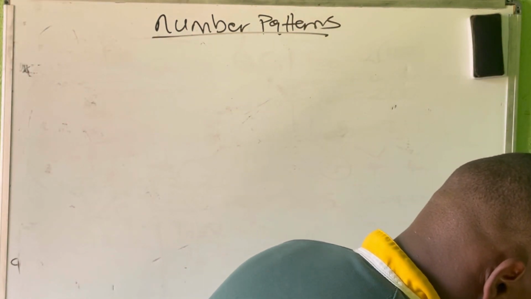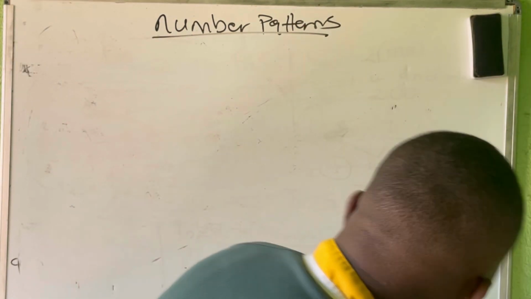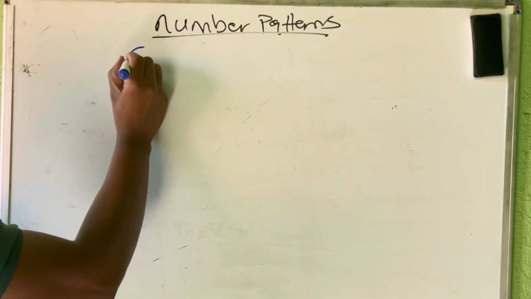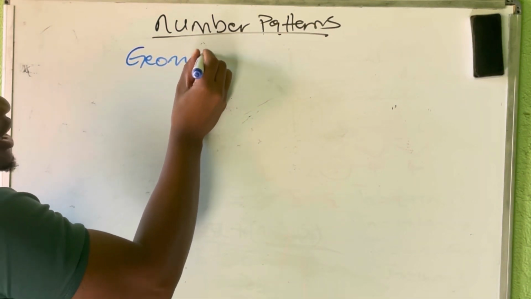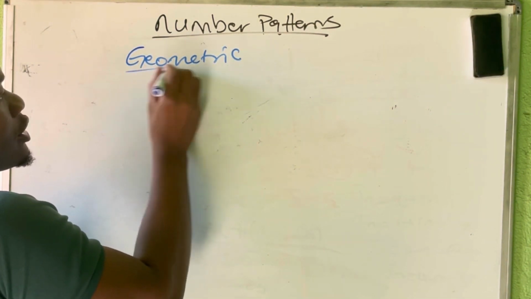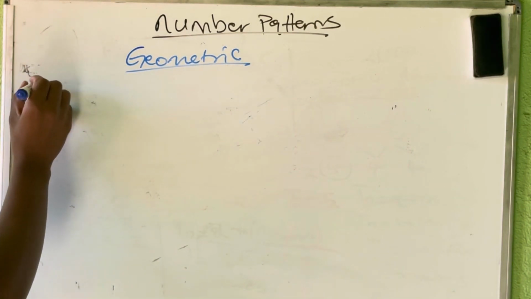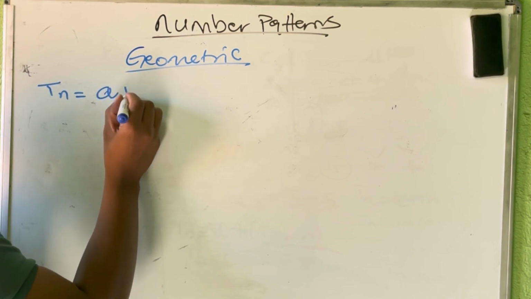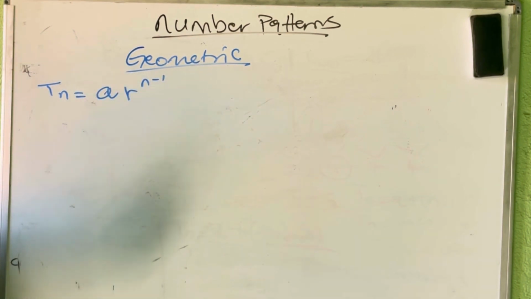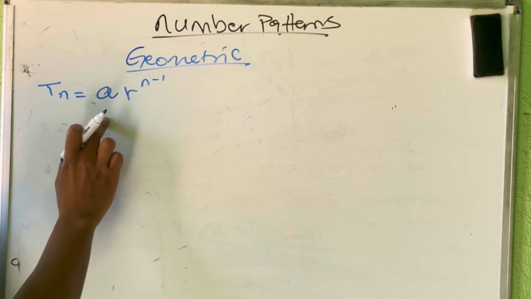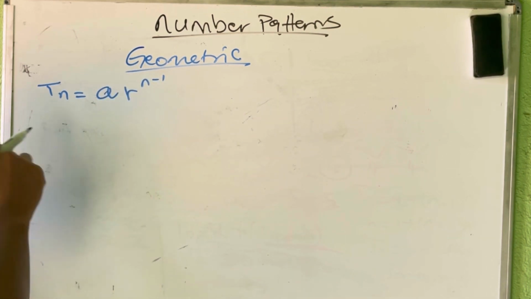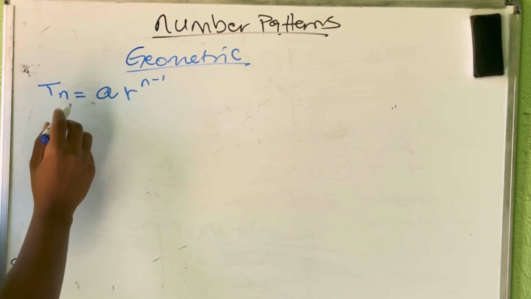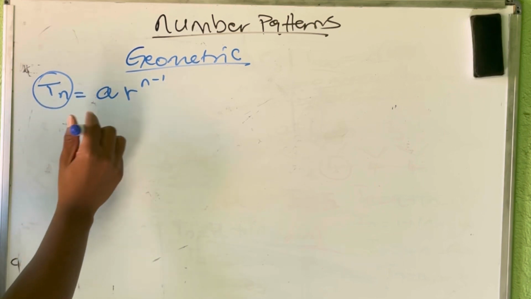The geometric is given by Tn equals a r to the n minus 1. Okay, so now you know n is the term position.